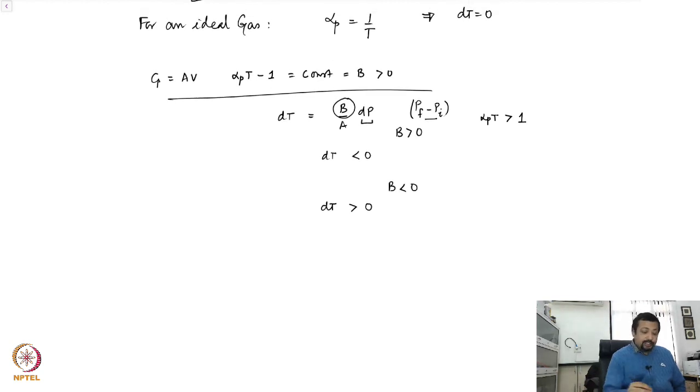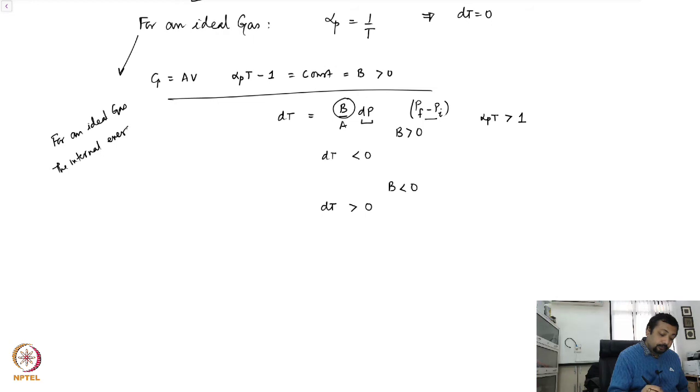So essentially the conclusion that we draw is that for an ideal gas, the internal energy U does not depend on pressure.